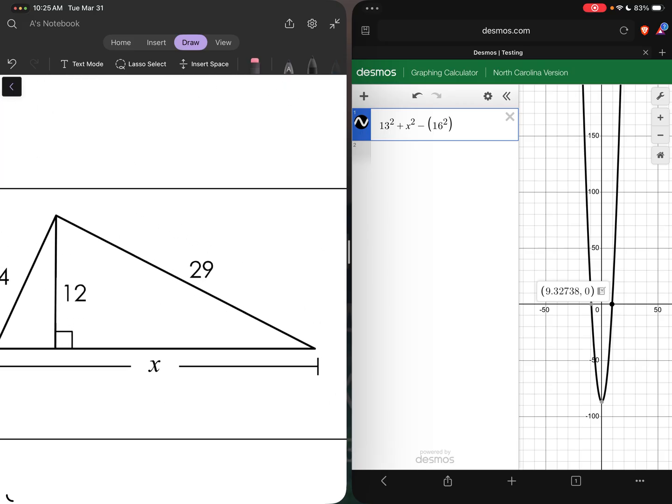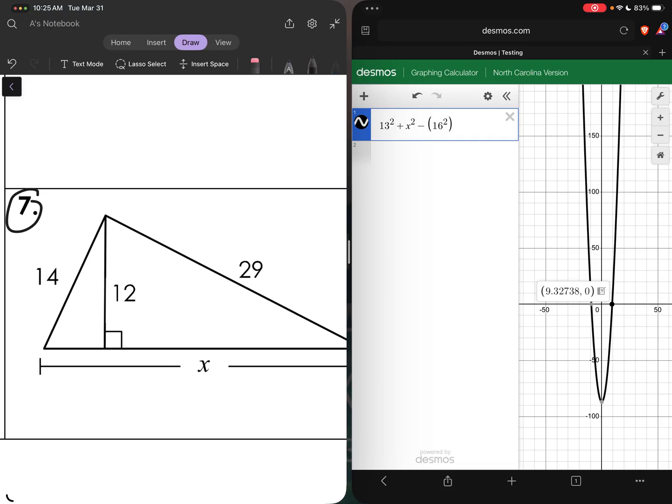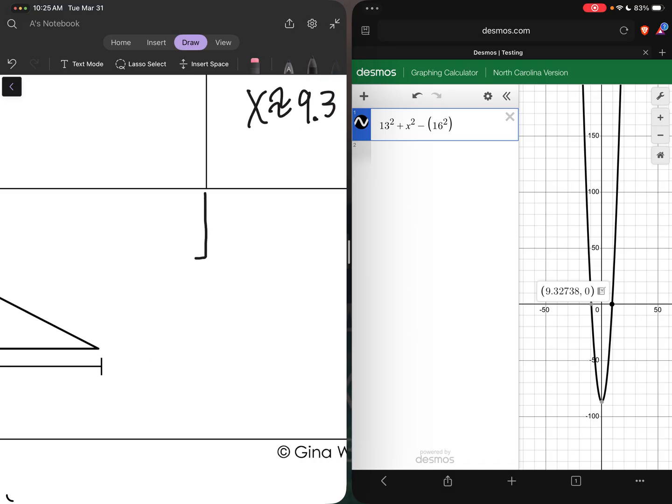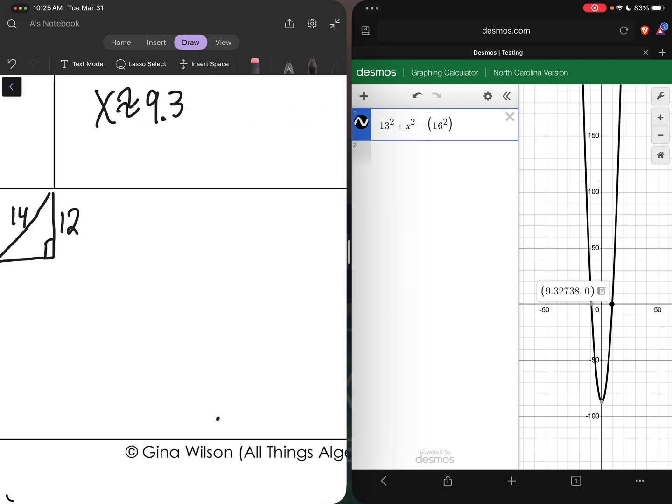we are asked to find x as a length of an acute triangle. So how do we do that? Well, this takes a little bit of thinking. I do have an acute triangle, but more importantly, I have two right triangles. I have the triangle like this, which is 14, 12, and the unknown bottom.